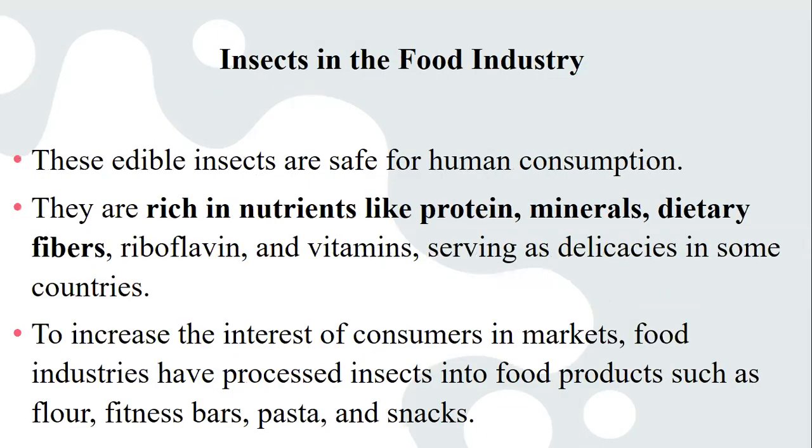Insects in the food industry: we find that some insects are very edible, and they are consumed by human beings, providing nutrients like proteins, minerals, dietary fibers, some vitamins, and some good delicacies.